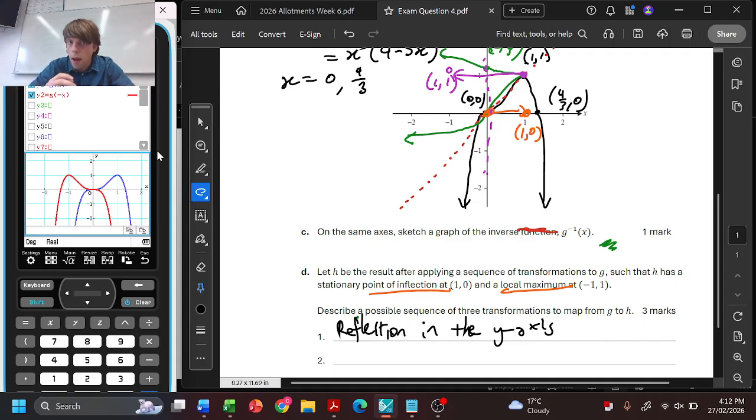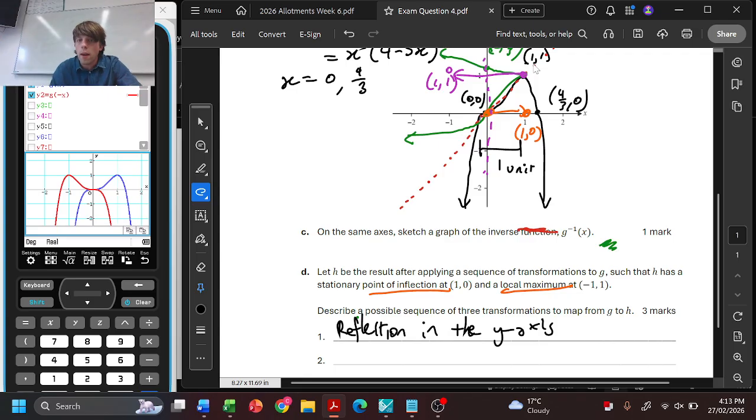So how do we think about dilations here? Well, let's think about the spacing between these 2 points that we know. We have the local maximum at (-1, 0), and we have the stationary point of inflection at (0, 0). What's the difference between those two values? It's a difference of 1 unit, right? As in the difference between here and here is 1 unit.